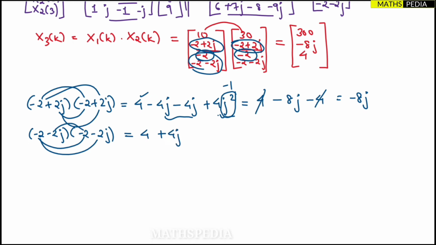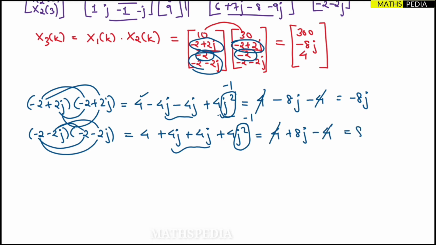So this will be plus 4j, then the last multiplication will be plus 4j square. Which is equal to, j square value we know is minus 1. So we have 4 here, addition of these two will be plus 8j, minus 4, so these two get cancelled, and the answer will be plus 8j. Okay, so I'll just put it over here, plus 8j. So here we have got the x3 of k. Let us find out from here x3 of n.